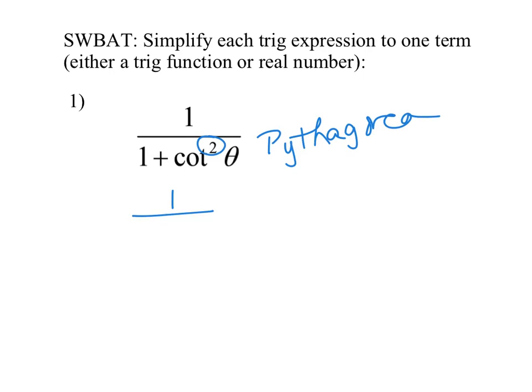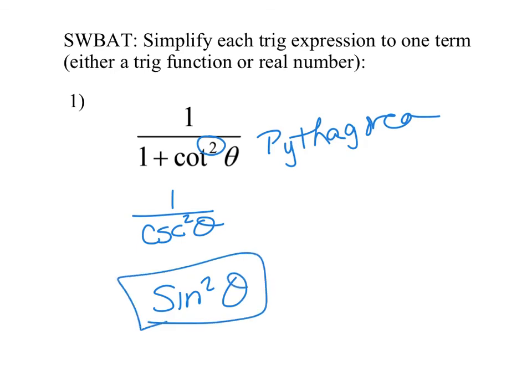So cotangent squared is cosine over sine, so that should be cosecant squared. And then we know that 1 over cosecant is sine. So this should be sine squared theta. So that's one term, and we're good to go.